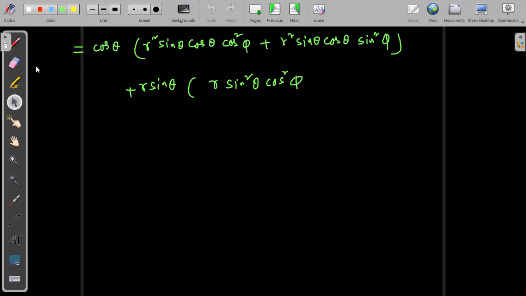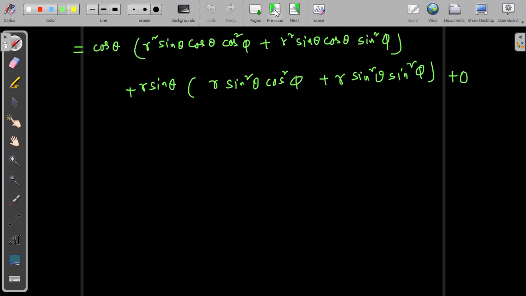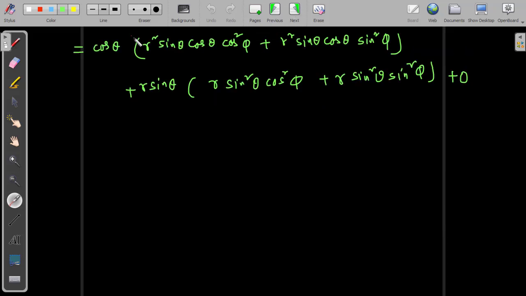Here we can say plus r sine square of angle theta multiplied by sine square of angle phi, plus 0 plus 0. This is very important. This is the advantage. Anyhow this could be 0, as you know, 0 times this determinant, no need of calculating. Now we will proceed for the simplification.